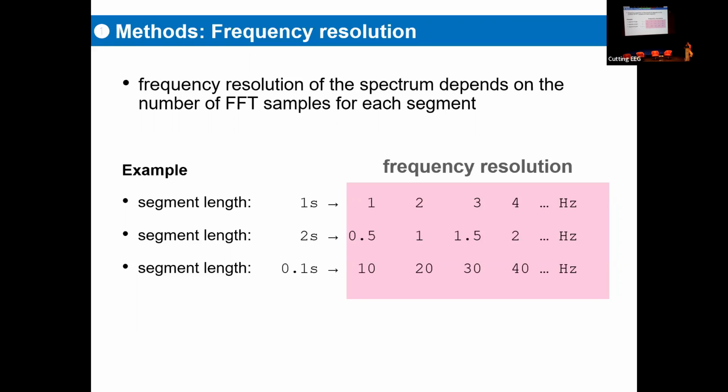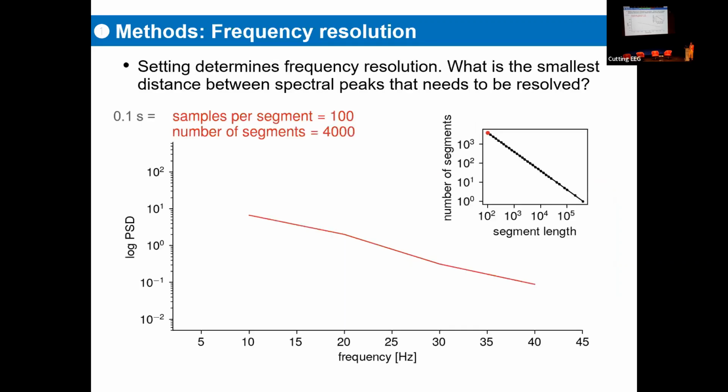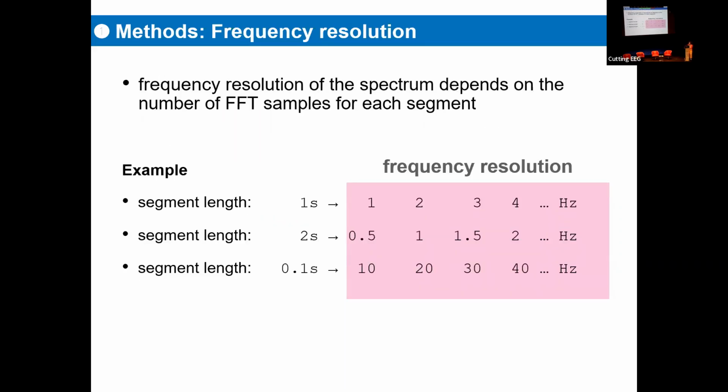If we have a short segment length of 1 second, the slowest sinusoid we can fit in there with a whole period is a 1 hertz sinusoid, without any residuals.